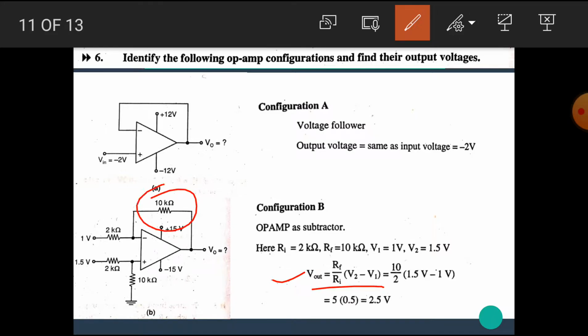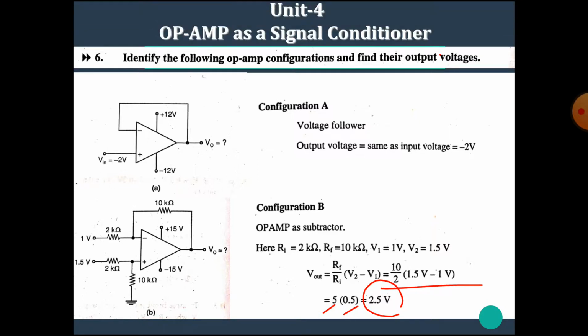Rf has the value 10, R1 has the value 2, V1 has the value 1.5, and V2 has the value 1. After solving this, we get 10 upon 2, that means 5, and 1.5 minus 1 is 0.5. 5 into 0.5 is equal to 2.5 volt. This is the solution of this diagram.